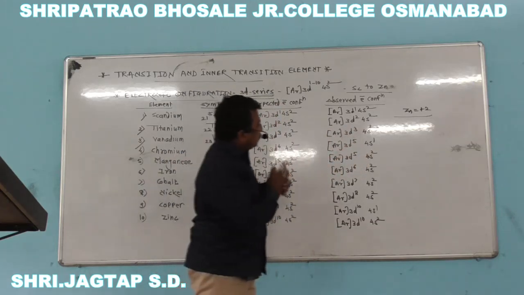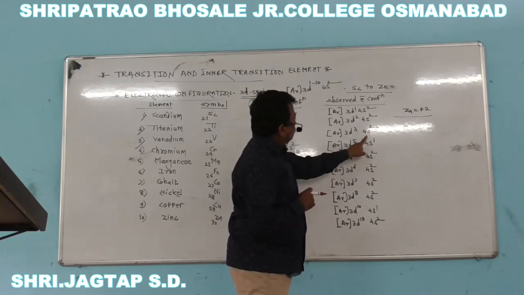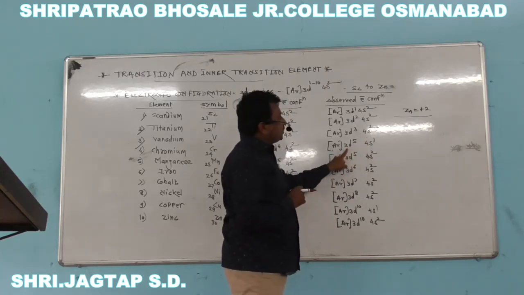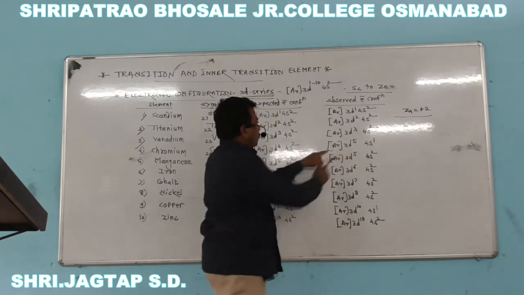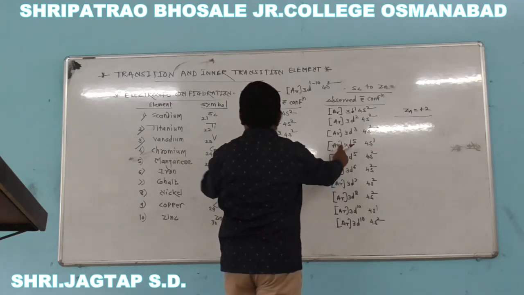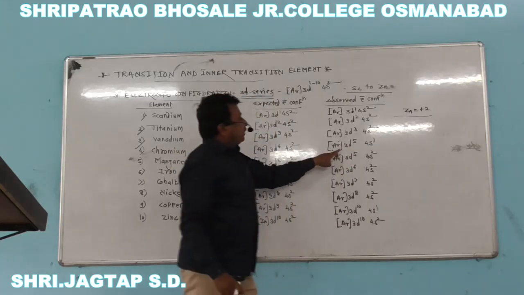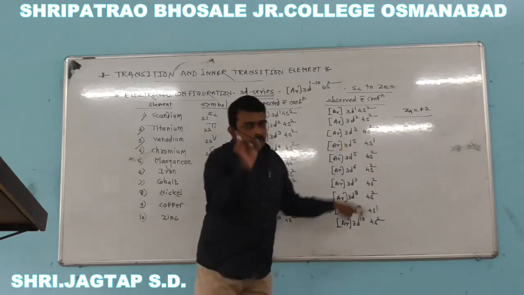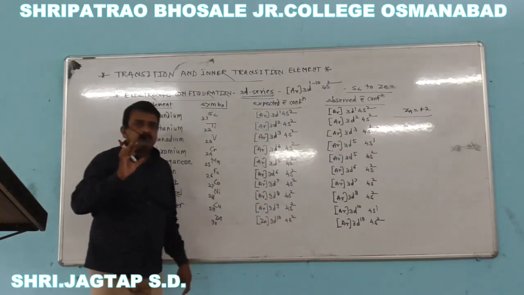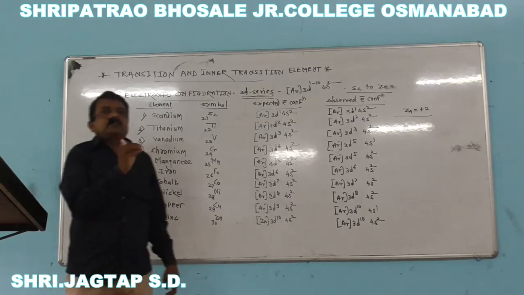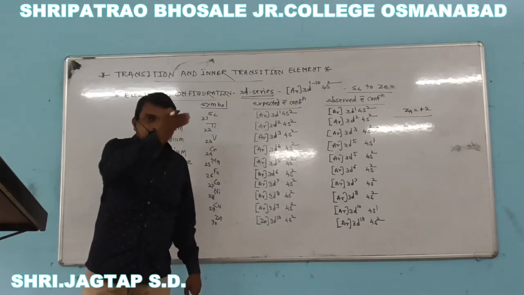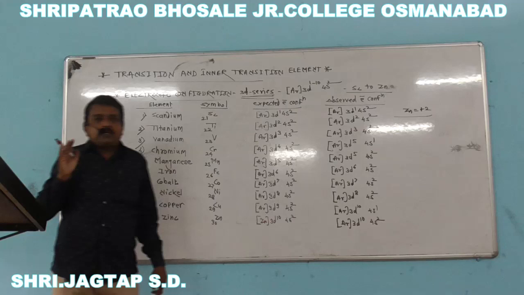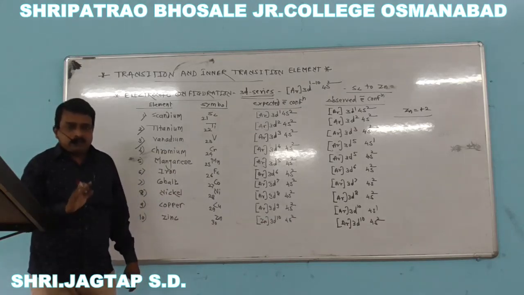So in the expected electronic configurations, some irregularities are shown here. In the observed electronic configuration, a 4s electron enters the 3d orbital. So the observed electronic configuration of chromium is argon 3d5 4s1. An element with the d orbital half filled or completely filled is more stable.